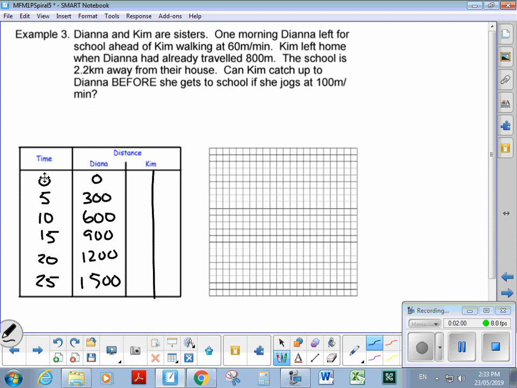So for her, time 0, she starts at 0, and she's going to go by fives. She's going 100 meters a minute. So that means she's doing 500, 1,000, 1,500, 2,000, and 2,500. So I'm going to solve this graphically.